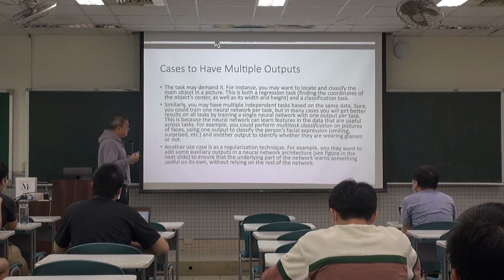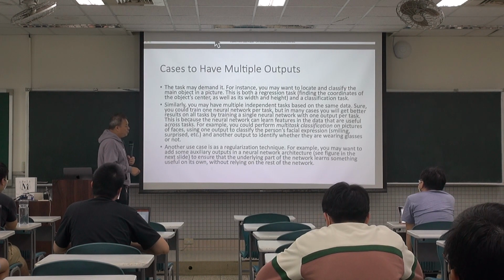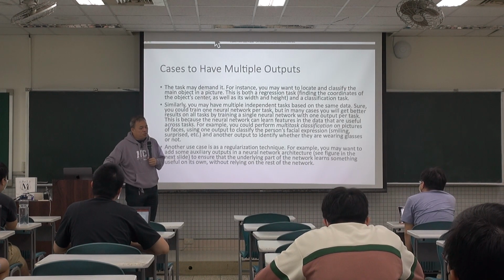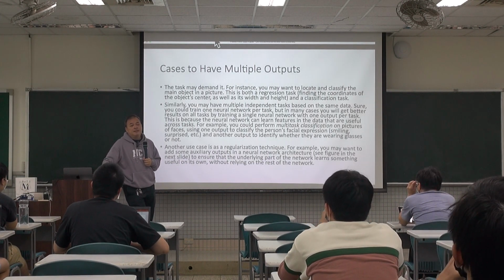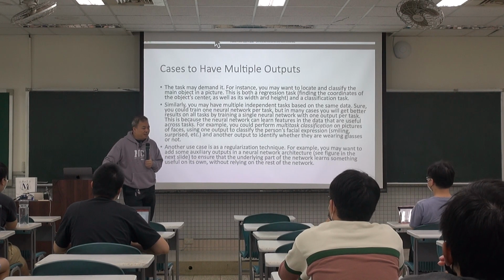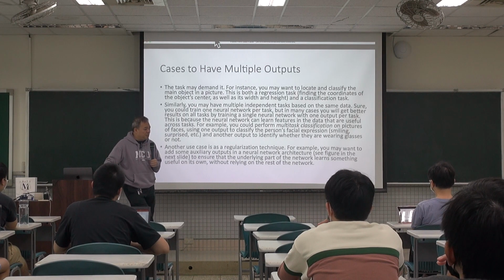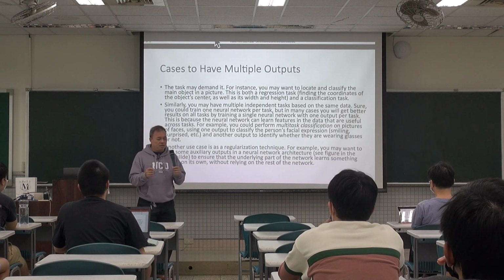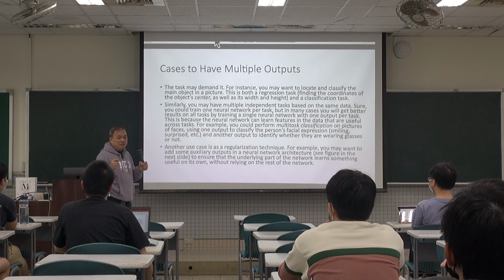The other example is that sometimes we could use an additional output as a regularization technique. Remember what regularization is? We talked about L1 and L2 previously. Basically, the regularization idea is to put certain constraints on the freedom of the model.